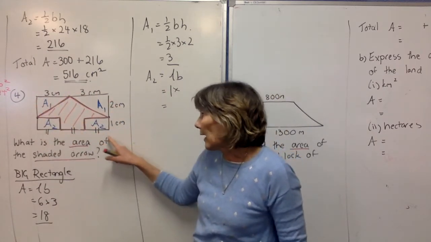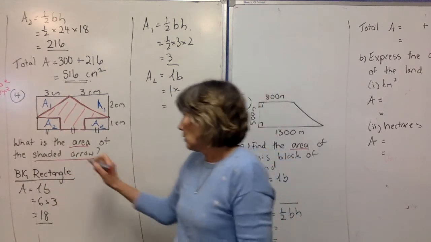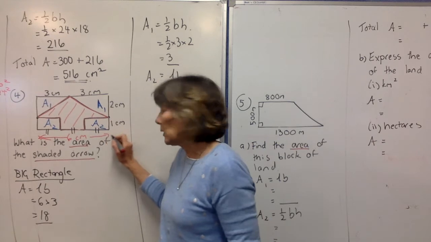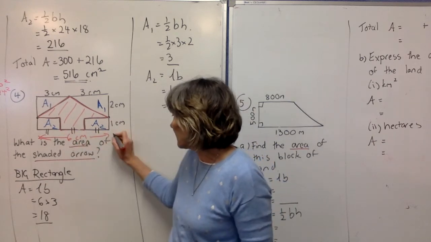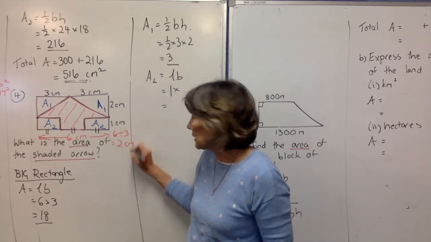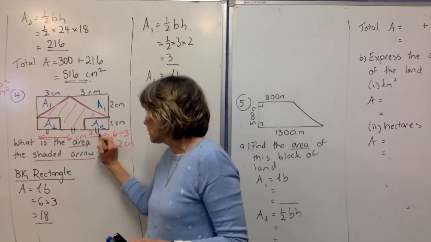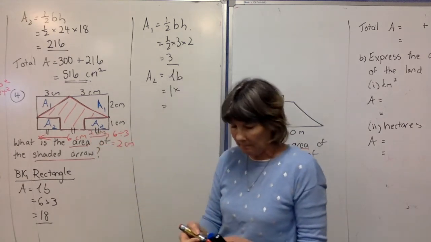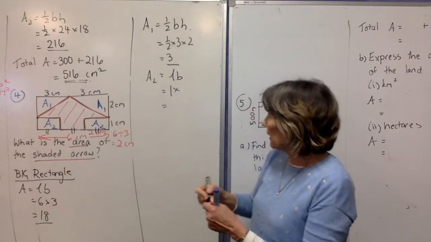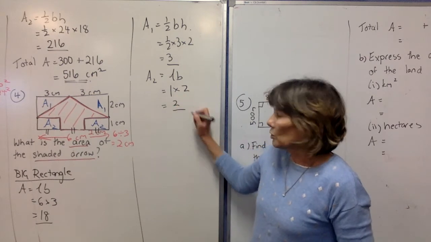So down here, if we have 6 all the way, and then we split it into 3 equal bits, 6 divided by 3, each of those bits is 2 centimetres. So you can write 2 centimetres in on that part there. So now we've got 1 times 2 for that rectangle, which equals 2.